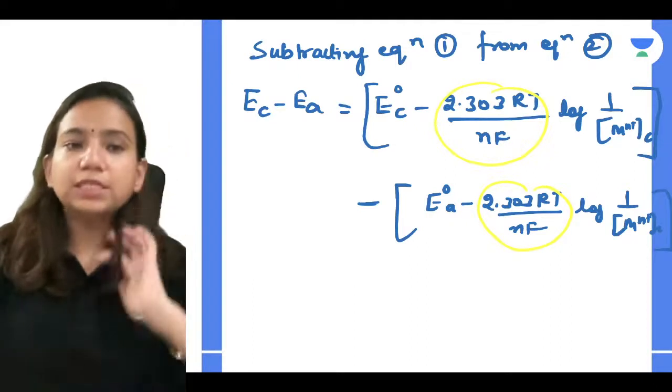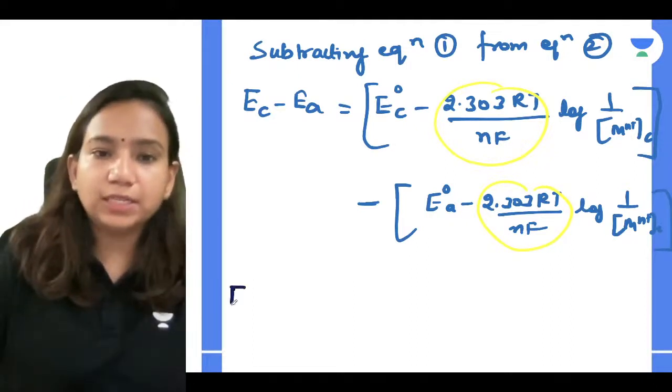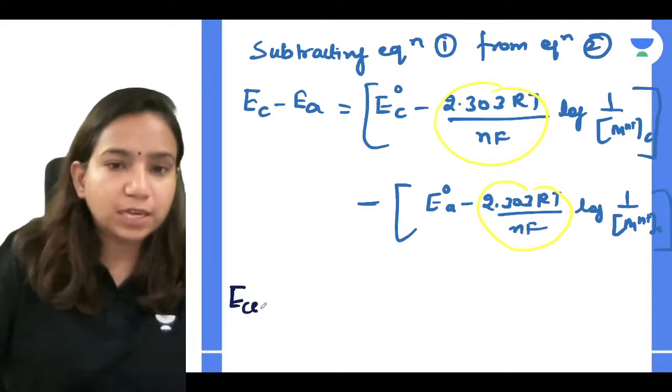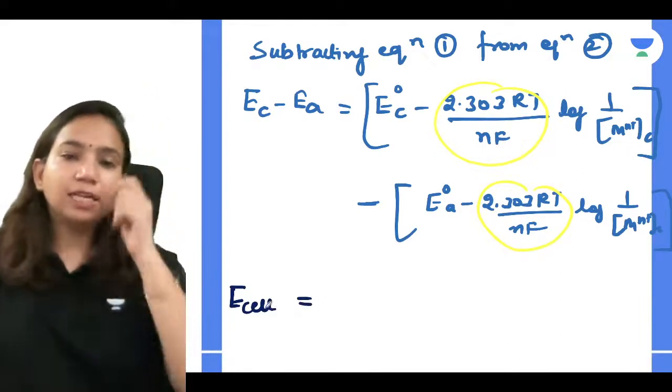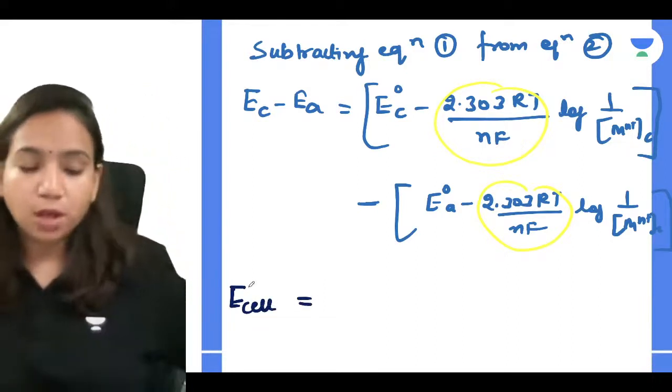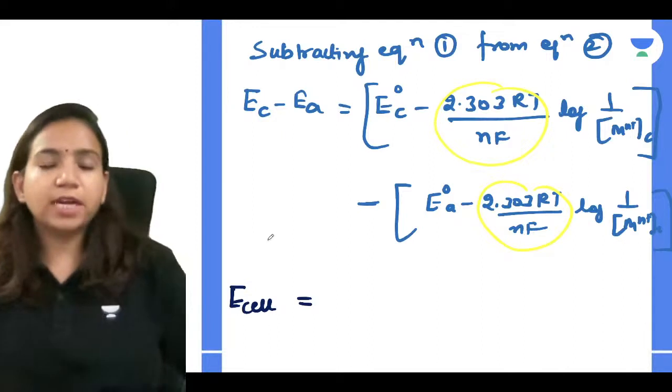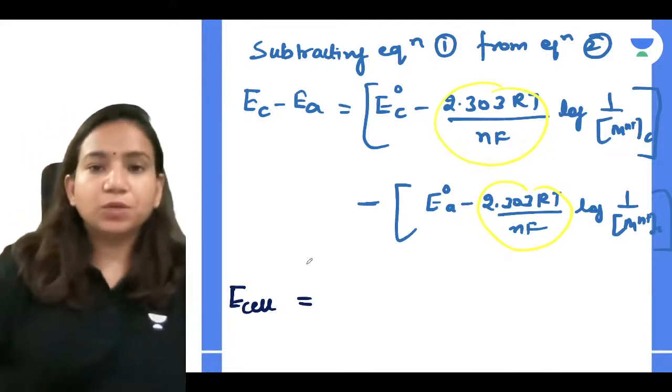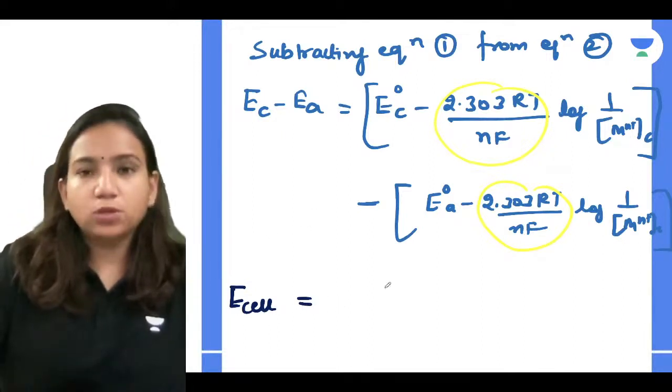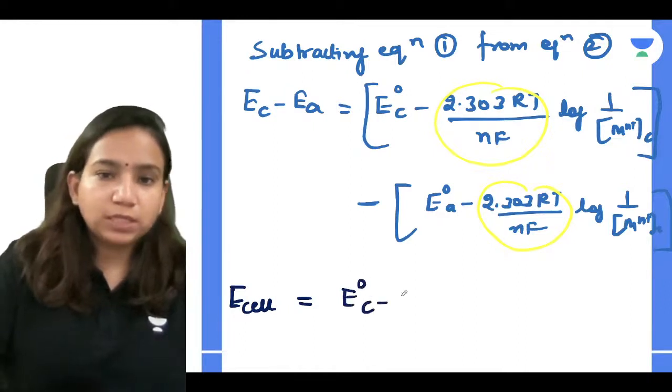So E_C minus E_A, which is E cell. Remember what E cell is, guys? Cell potential is the difference of potential at the cathode and anode. So E cell is equal to E naught cathode minus E naught anode.